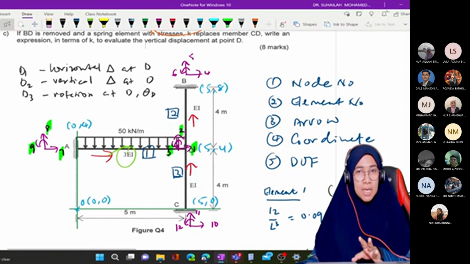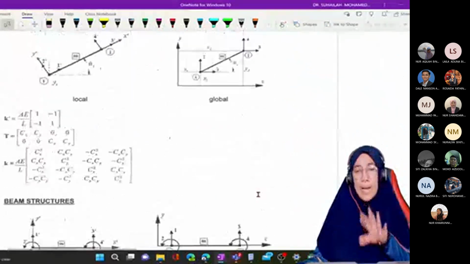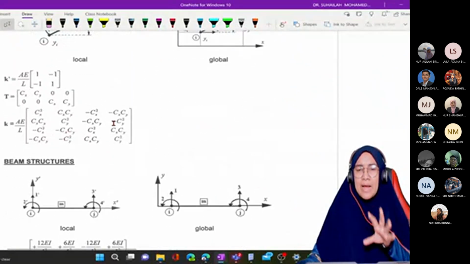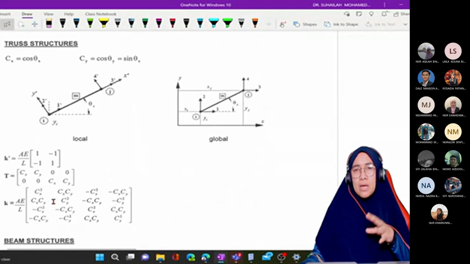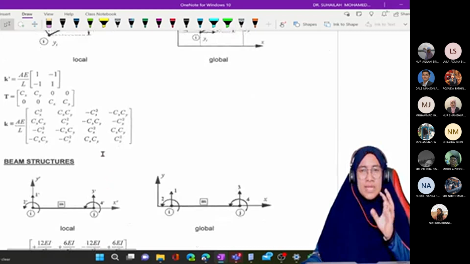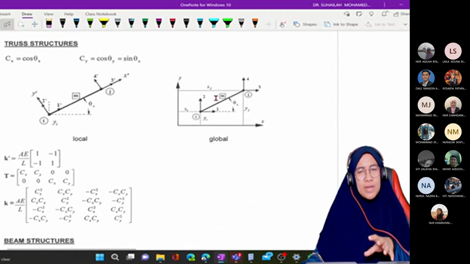You must follow the sign convention because the formula we use is derived based on the sign convention shown.